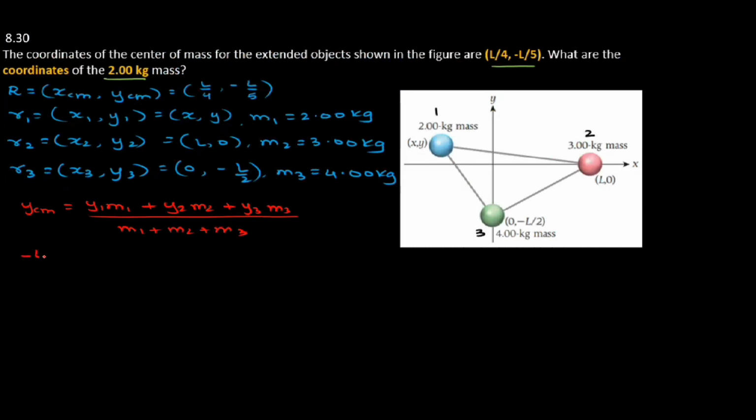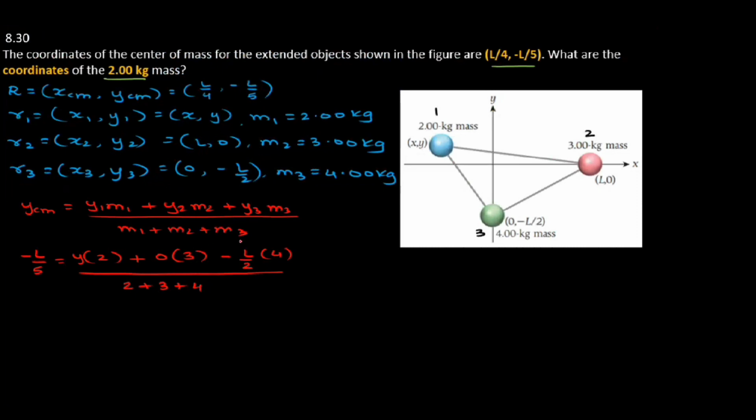YCM is negative L by 5 equals y1 is y, which is what we need to calculate, times 2, plus y2 is 0 times 3, plus y3 is negative L by 2 times 4, divided by 2 plus 3 plus 4.